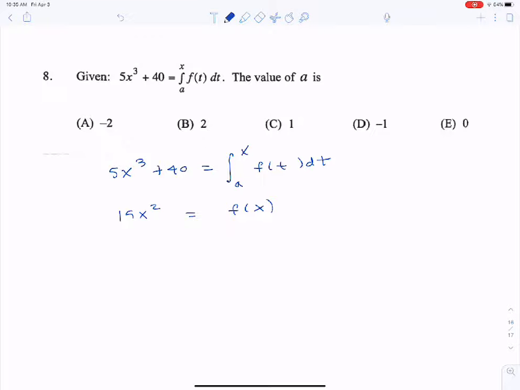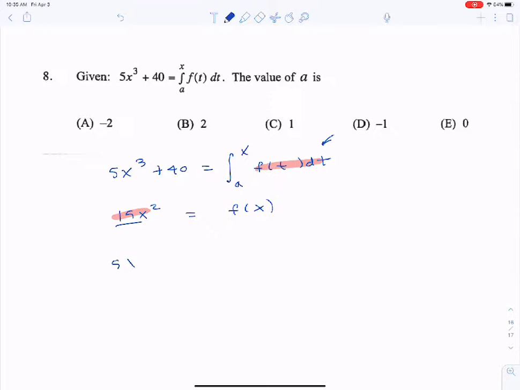Next, make sure you understand, at this point, this equals this stuff. I took the derivative, that has to be true. So now I'm going to replace this stuff right here with this.